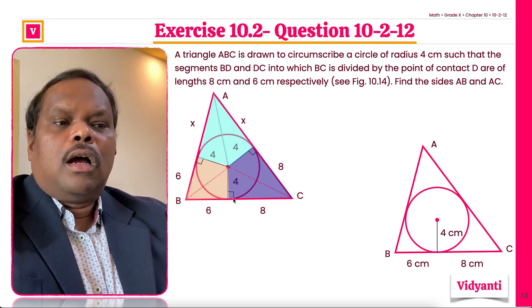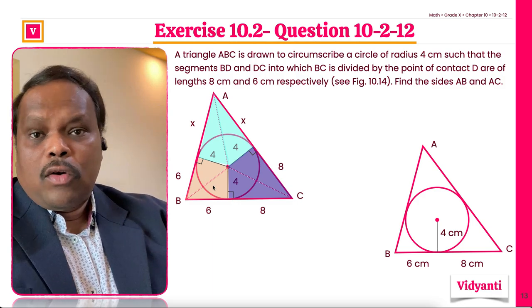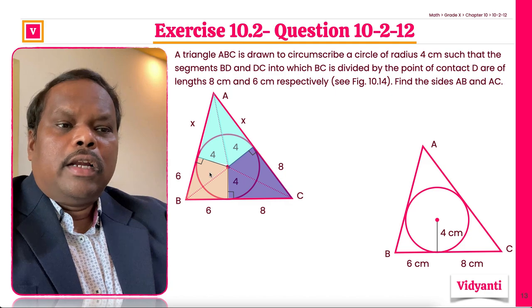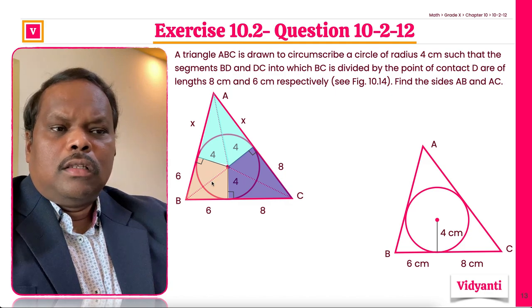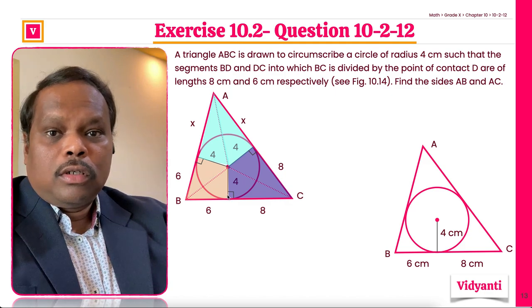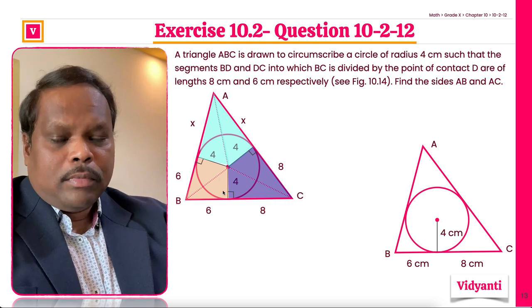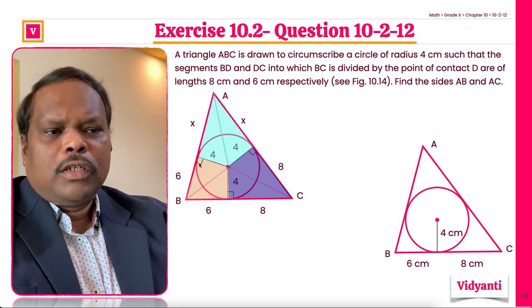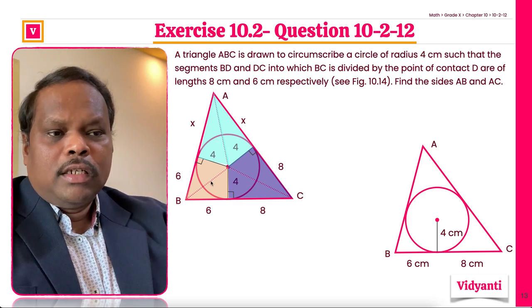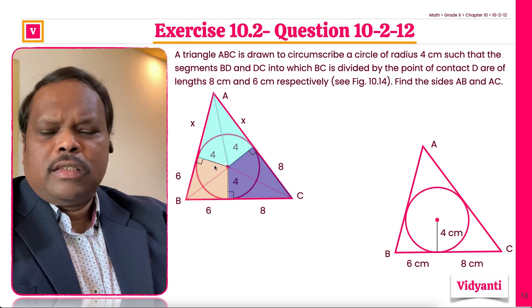Another thing is, if you consider, now I have color shaded it. Let's say there are 2 brown triangles, and these 2 brown triangles are exactly the same, congruent. Why? Because this is 90 and this is also 90. So this hypotenuse is the common side, and the radius 4 is same as radius 4.